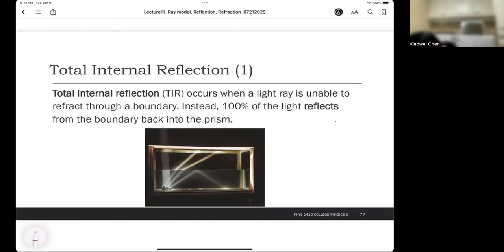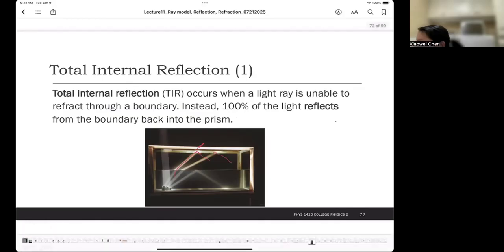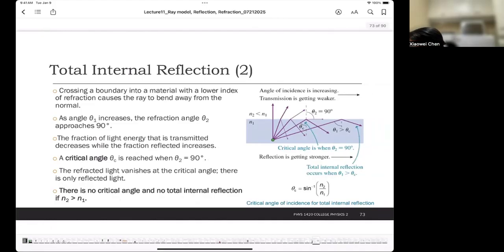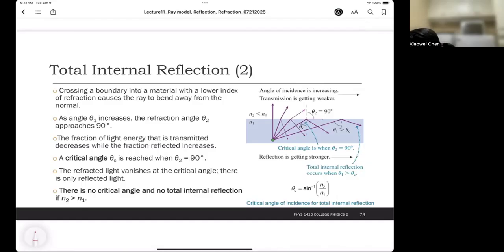You can see here, this light will not be refracted through this boundary, it will be reflected. This situation we call total internal reflection, TIR. Crossing a boundary into a material with a lower index of refraction causes the ray to bend away from the norm.